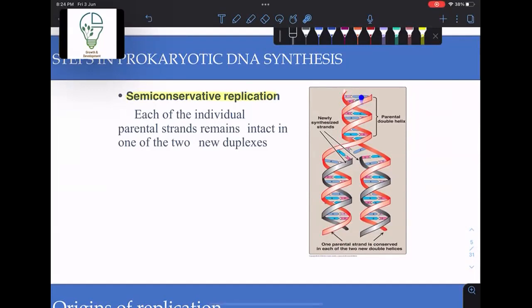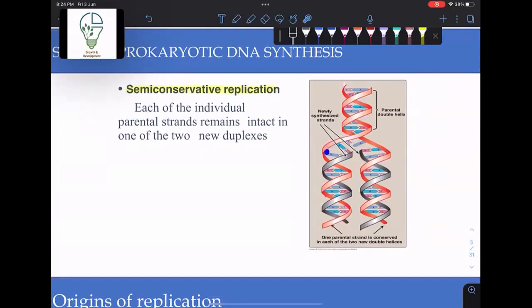In order to replicate this DNA, we need to uncoil it. Once it's uncoiled, one strand stays the same and another strand is built on top of it. So the red strand is coming from the old DNA and the gray strand is the new DNA that's being built.